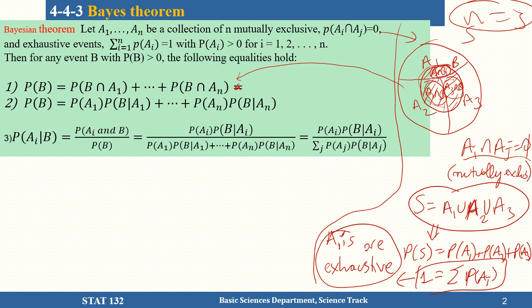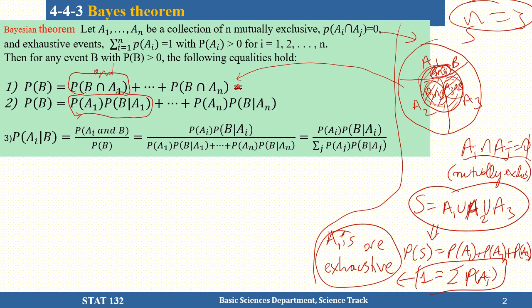And now, since this intersection means B and A1, we can use the conditional probability rule, the multiplication rule, for B and A1. So for this one, we'll have this multiplication from the multiplication rule.